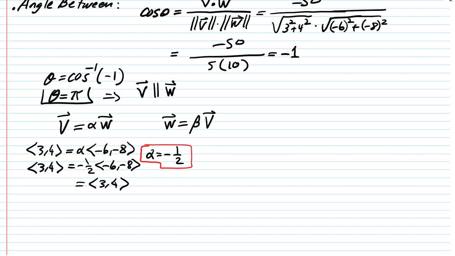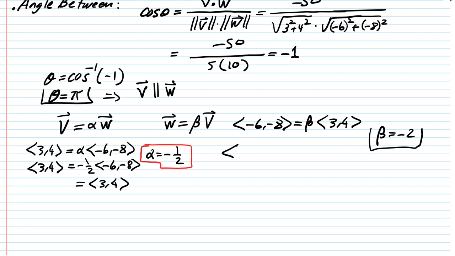Now, if I go with this version, I'm going to show w can be written as a scalar multiple of v. Well, w was negative 6, negative 8. And how can this be? Well, beta times vector v with components 3, 4. So this time, if I let beta be negative 2, that's the scalar.